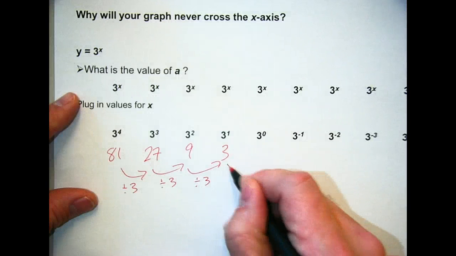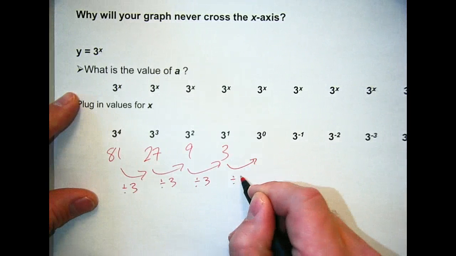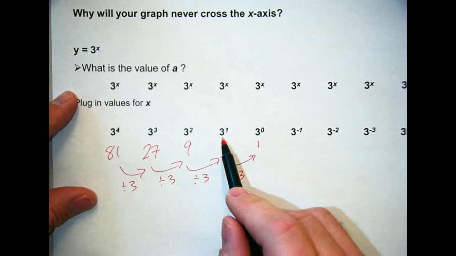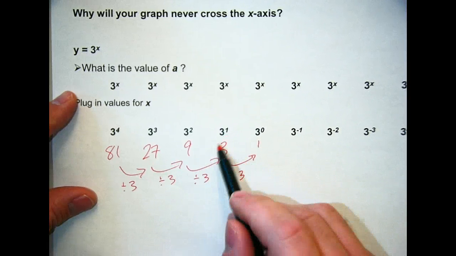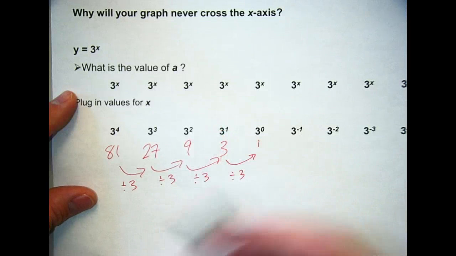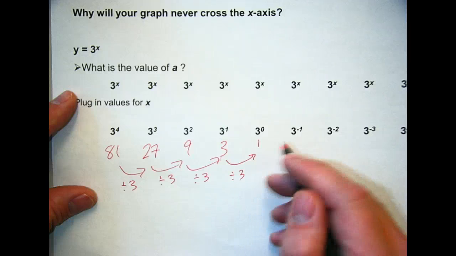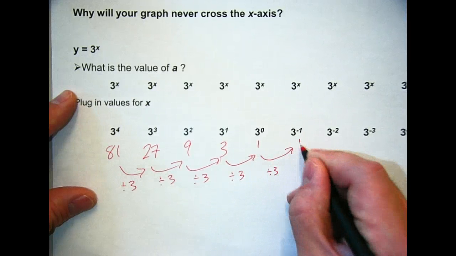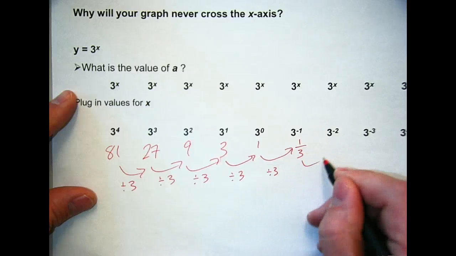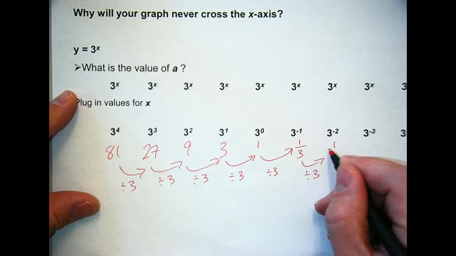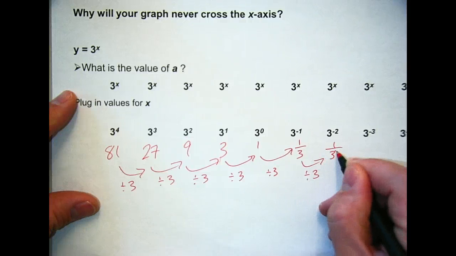What is 3 divided by 3? That's why anything to the 0 is 1. If it's base 7, you'd be dividing by 7, and 7 divided by 7 would be 1. Anything to the 0 is 1. Well, what is 1 divided by 3? 1/3. What is 1/3 divided by 3? It's 1/9, or 1 over 3 squared.